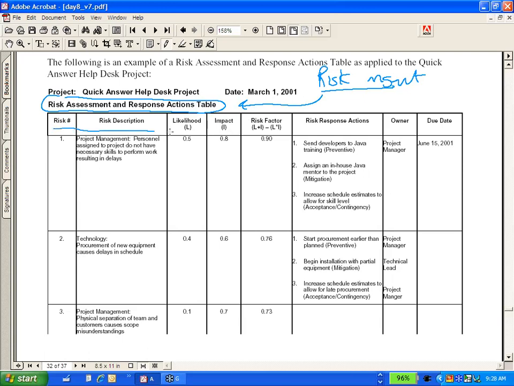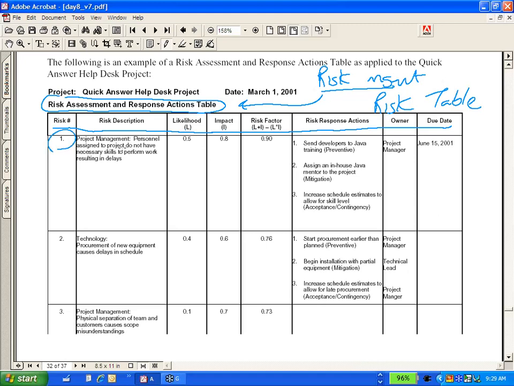You must memorize the various columns, just like you memorize columns for the traceability matrix, columns for test cases, sections of use cases. You must memorize the columns of a risk table. This is a risk table.